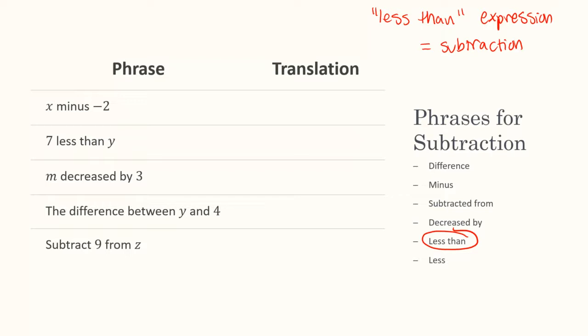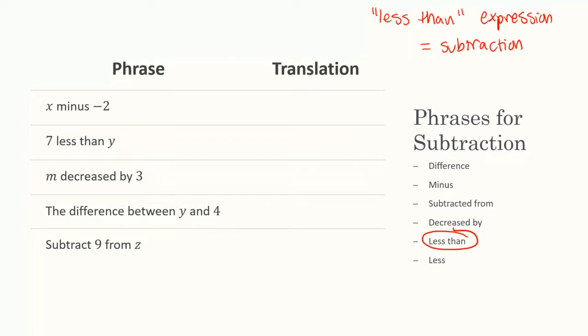If it's an expression, then we have subtraction. But if it says that we are writing an inequality, then it would be a less than sign. If it says an equation, then it's also going to be subtraction, because an equation means we have to have an equal sign. So the less than sign will contradict the equal. So it always translates as subtraction unless it specifically says inequality.